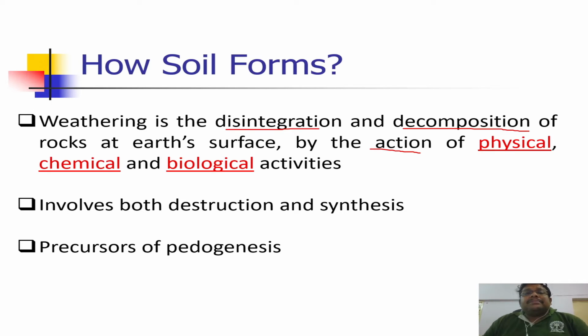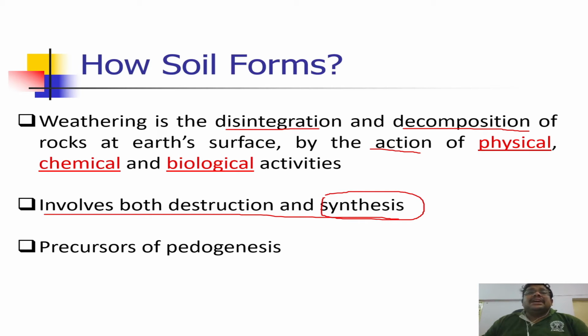But before that, let us remember that it involves both destruction and synthesis. This disintegration process is responsible for destruction of the parent rock and reducing their size, and this decomposition process is responsible for synthesis of new products.